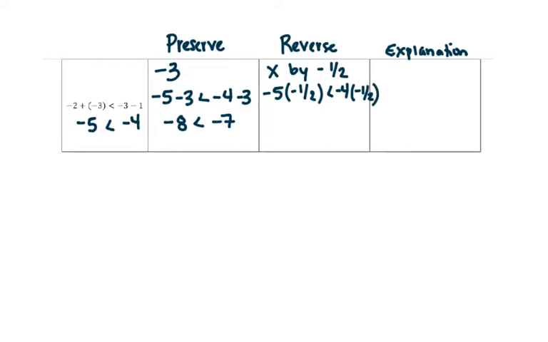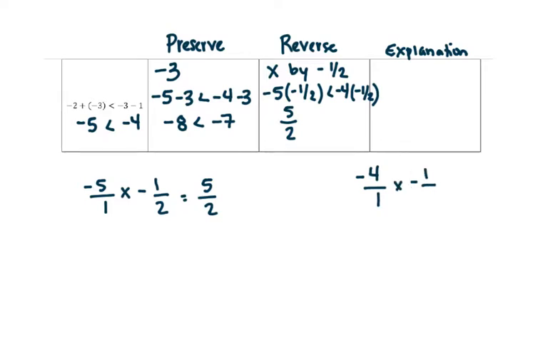Okay, when I multiply negative 5 over 1 by negative 1 over 2, I get 5 over 2. So we've got 5 over 2 right here. And when I multiply negative 4 over 1 by negative 1/2, I get 4 over 2, which is 2. Okay, so now I have 5 over 2 on one side and 2 on the other.